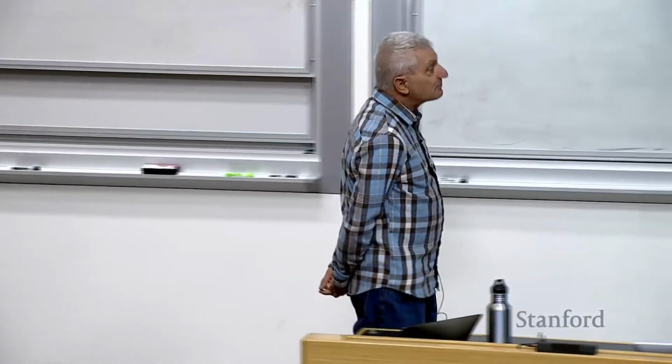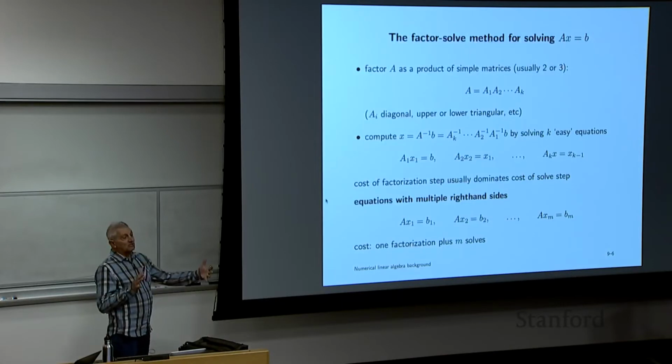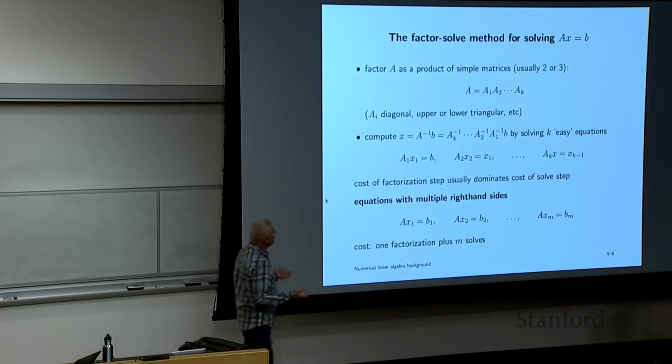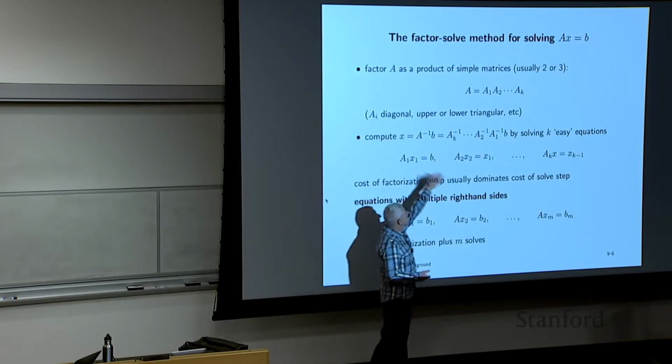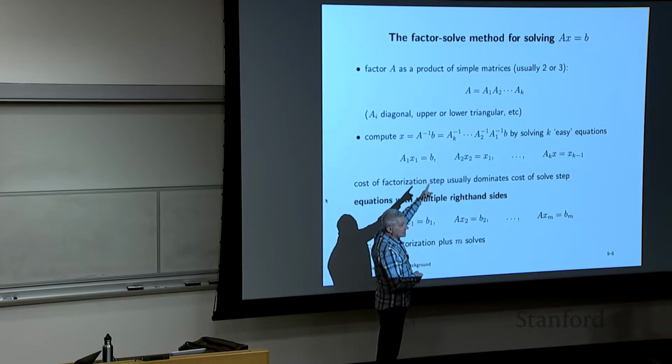Once you've factored your matrix into a product of things which are, quote, easy to invert, unquote, and you interpret that correctly, you write out the inverse, which is the product of the inverses in reverse order. Then you literally just evaluate this by first evaluating A1 inverse b.